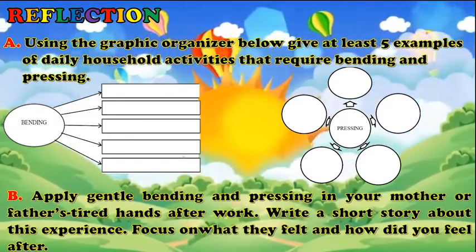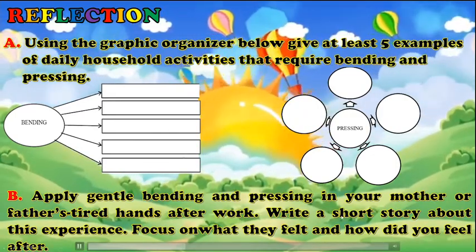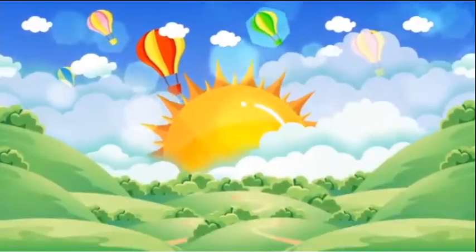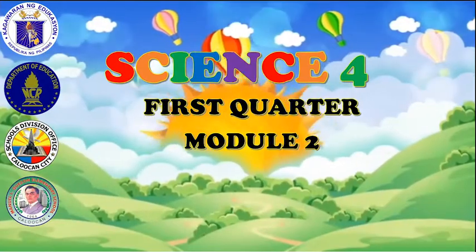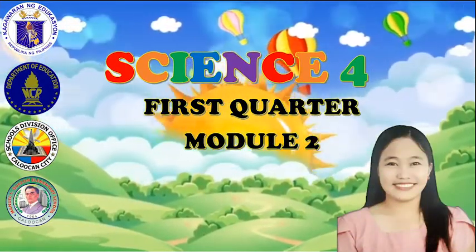In part B, you will write your answer in a separate sheet of bond paper, and it will serve as part of your portfolio. And this video is a guide on how you are going to use and answer your first quarter Module 2 in Science 4.